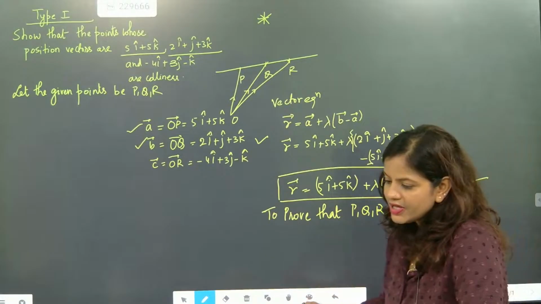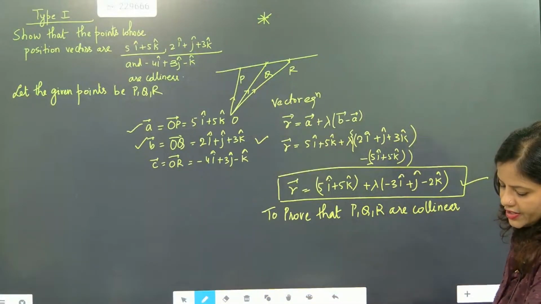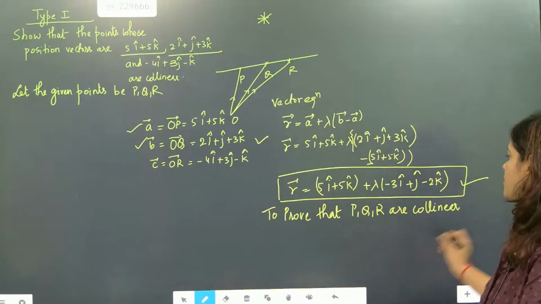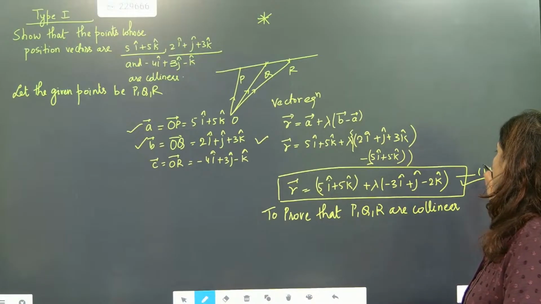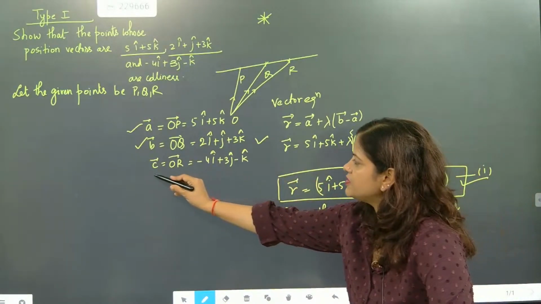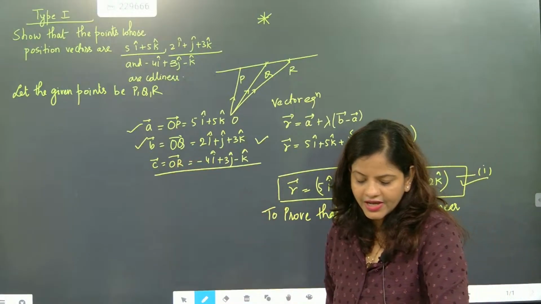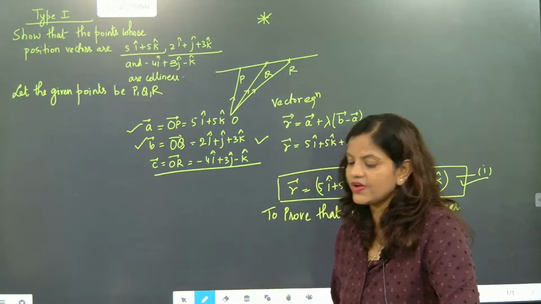To prove that P, Q, R are collinear, R must satisfy equation 1. So this equation that we have taken now, this R vector must satisfy. This C vector that we have taken, so R must satisfy this part.